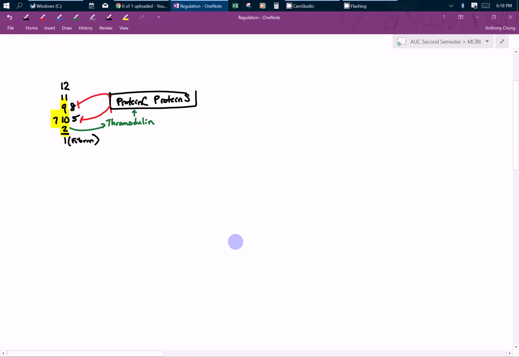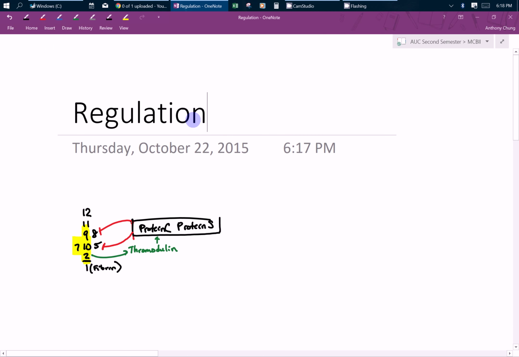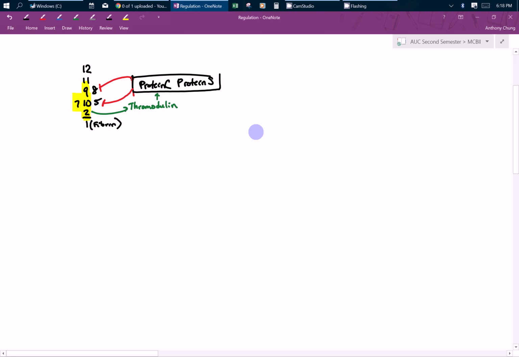So before I was able to tell you everything about the regulation of clotting, before I crashed, how factor 2 activates thrombomodulin, which then inhibits itself via protein C. Protein C will inhibit factor 8 and factor 5, and that will prevent the whole cascade from getting to factor 2.